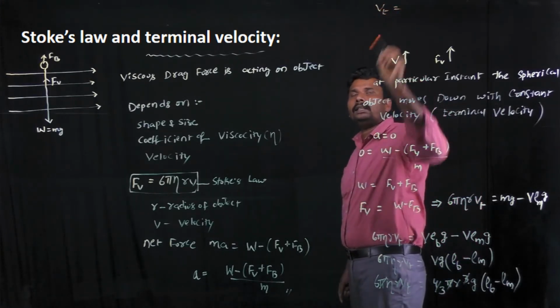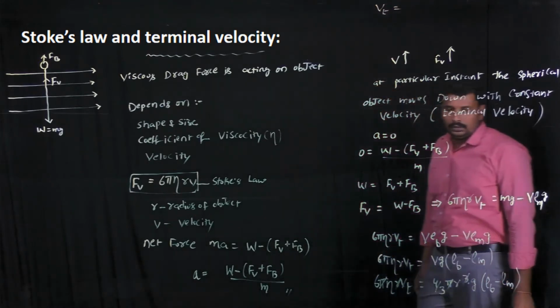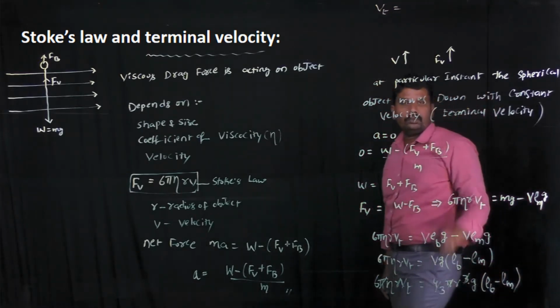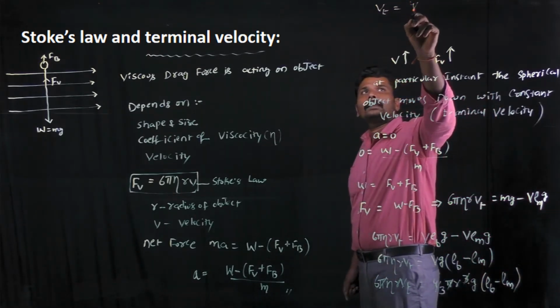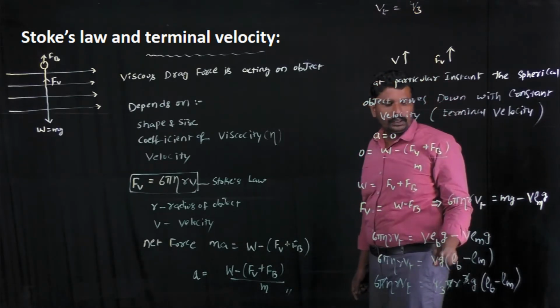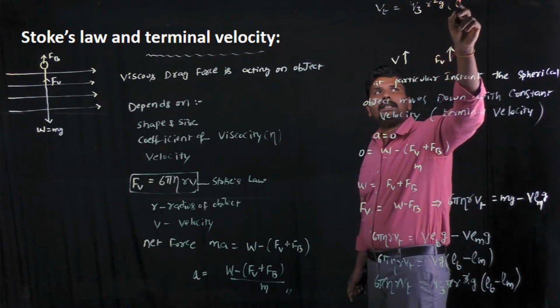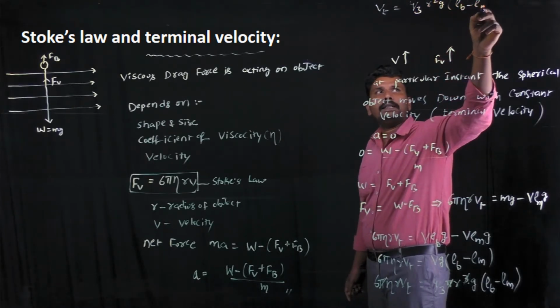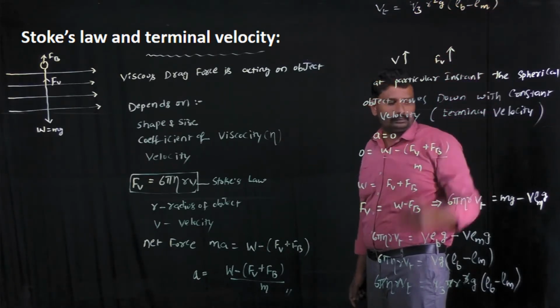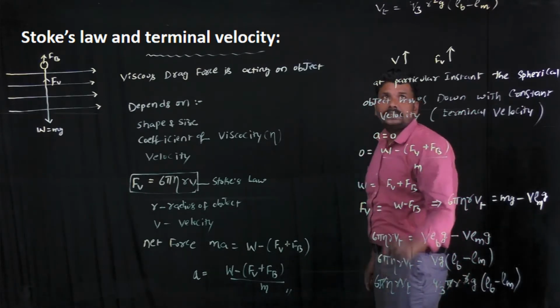Vt equals 4 by 3 r square g into density of the body minus density of the medium by 6 eta.